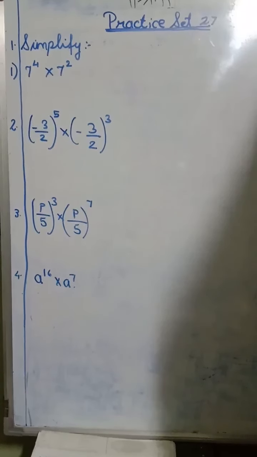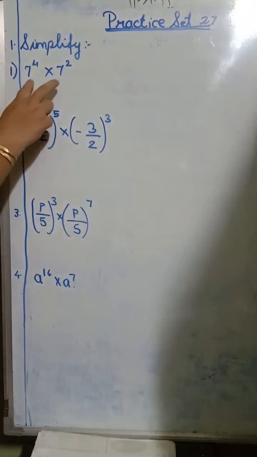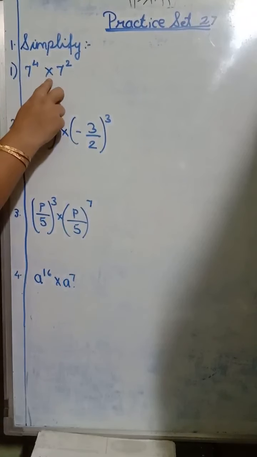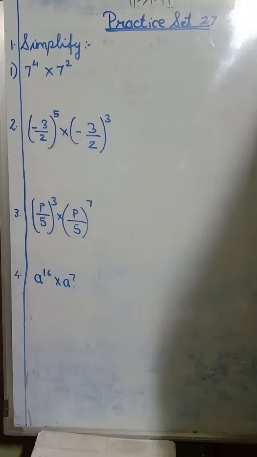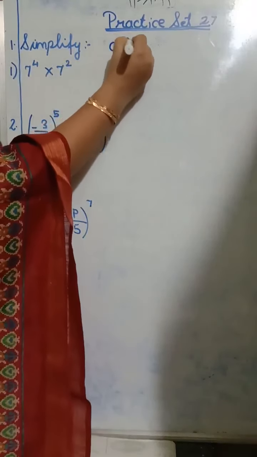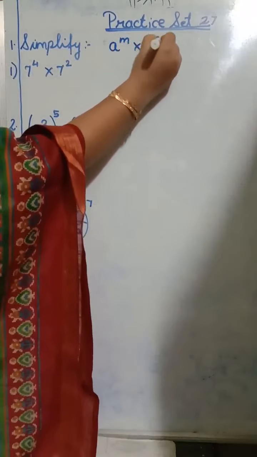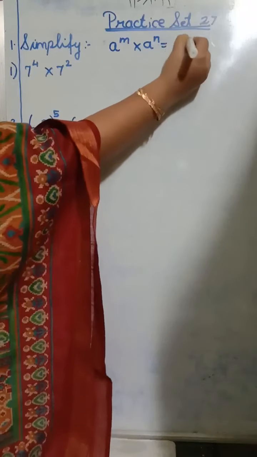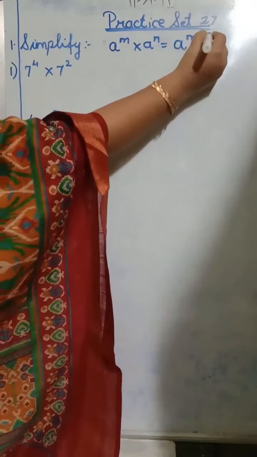So now we'll begin with practice set 27, question 1, simplify. So the first question is 7 raised to 4 multiplied by 7 raised to 2. So these two index forms are multiplied with each other. So we have learnt one of the formulas, that is a raised to m into a raised to n is equal to a raised to m plus n.